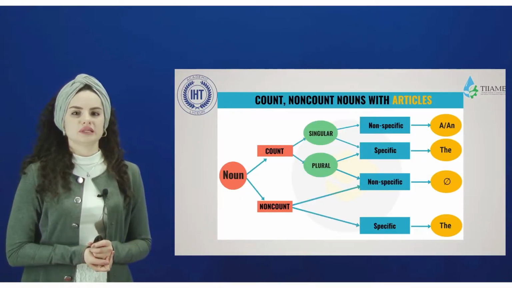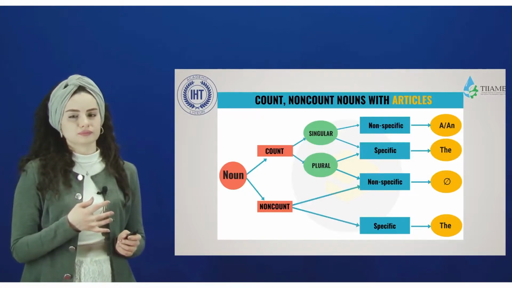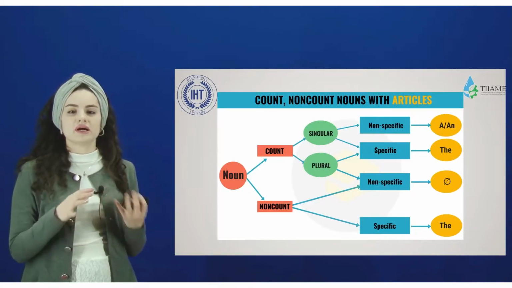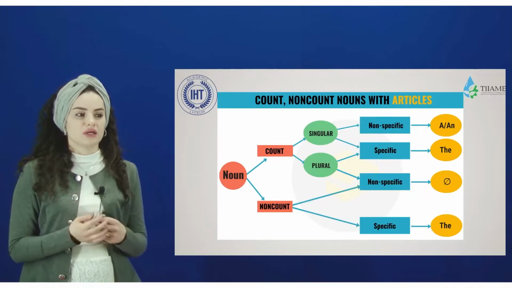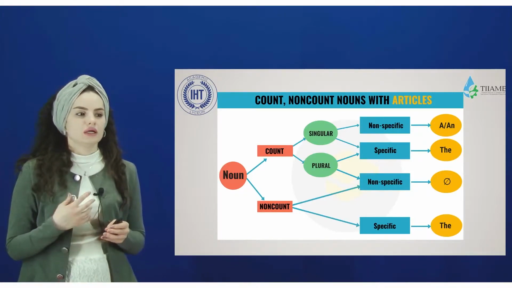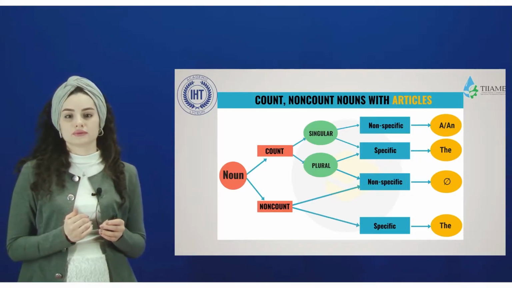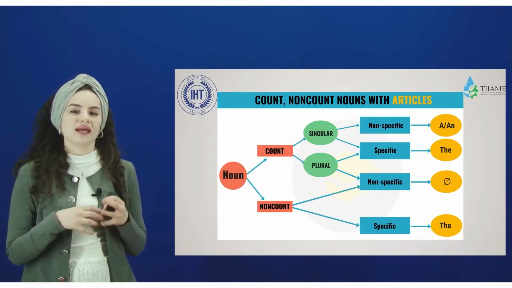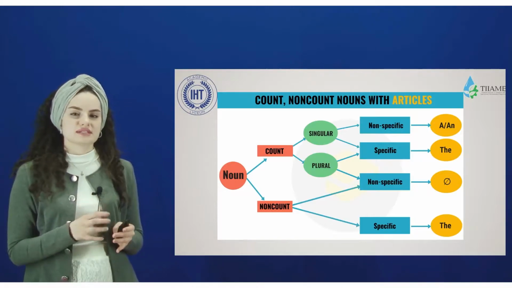Now, one more table, in a more detailed way, where words are divided into countable and uncountable. So, look please, first of all, noun. Count, non-count. See how we can divide these categories.